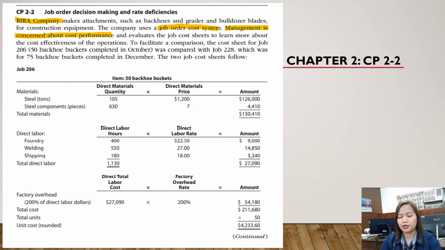of the operations. To facilitate a comparison, the cost sheet for job 206, which is good for 50 backhoe buckets completed in October, was compared with job 228, which was for 75 backhoe buckets completed in December. So the two job cost sheets are as follows.